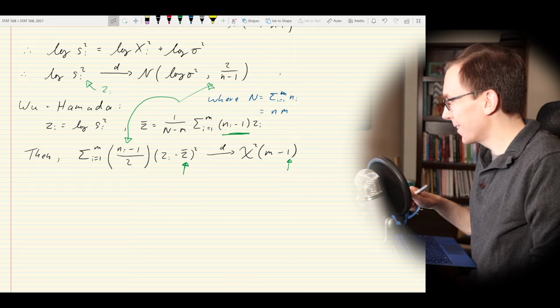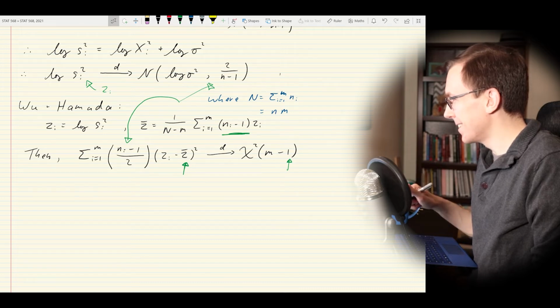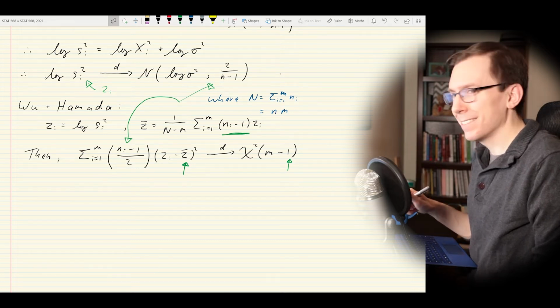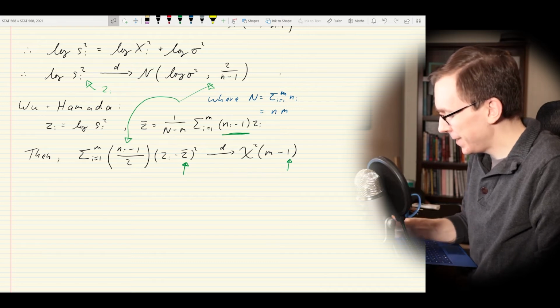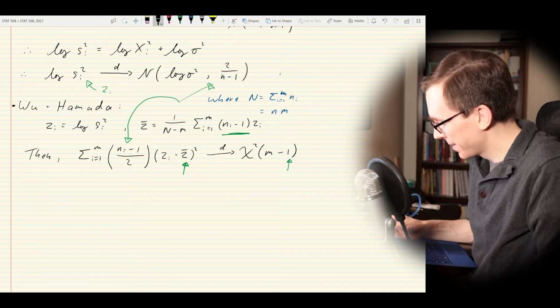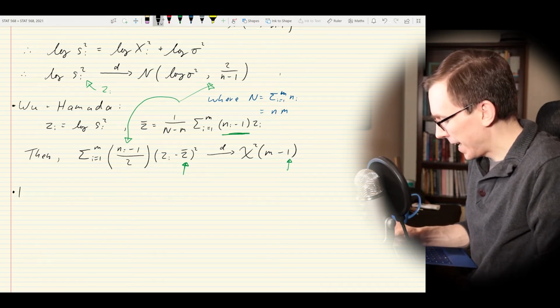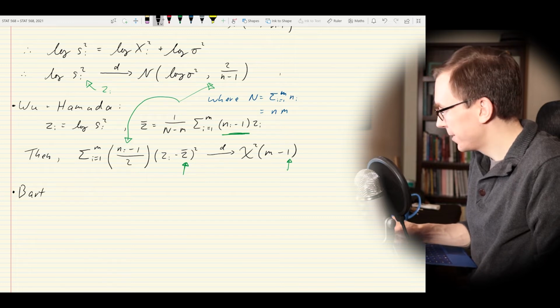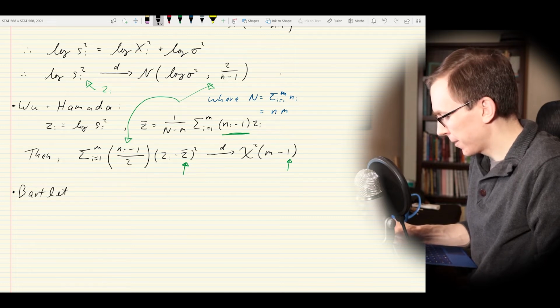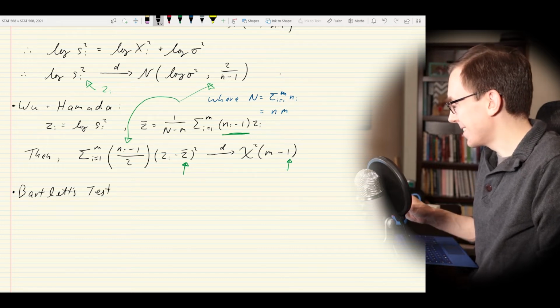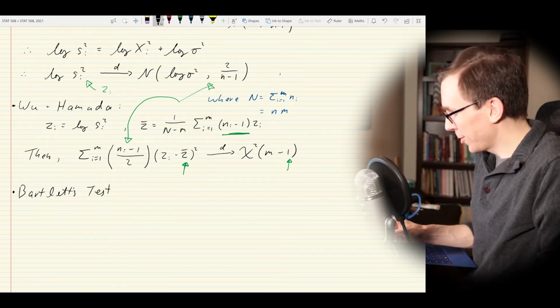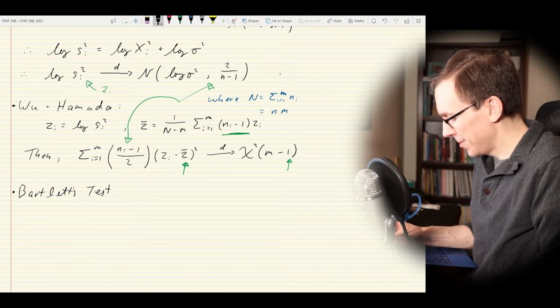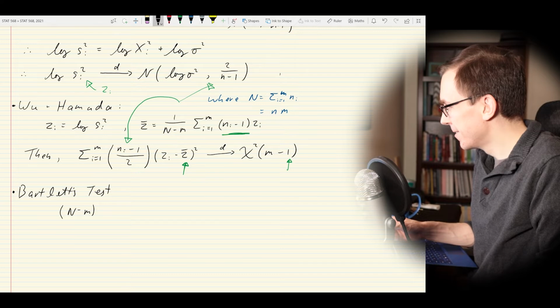Now, that's not Bartlett's test. Bartlett's test is kind of the same idea, but it's going to look a little bit different. So Bartlett's test statistic is going to look like this, using the general notation for unequal sample sizes.